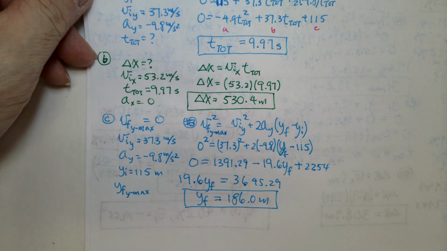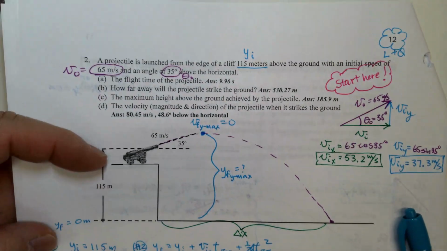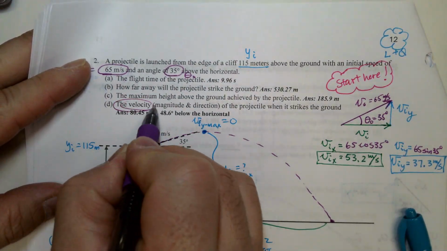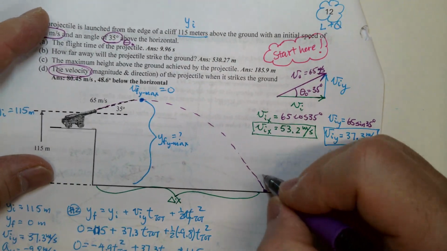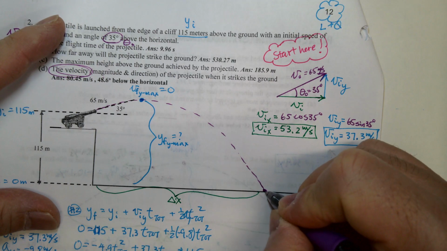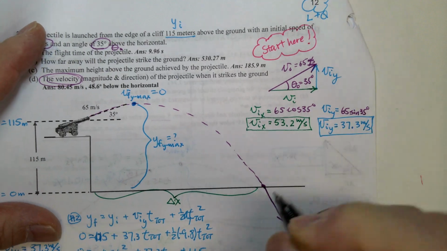Now for part D. It looks like they want to know the velocity, magnitude and direction wise, when it hits the ground, when it strikes the ground. So if this thing's going to be traveling like this, that's my V final.